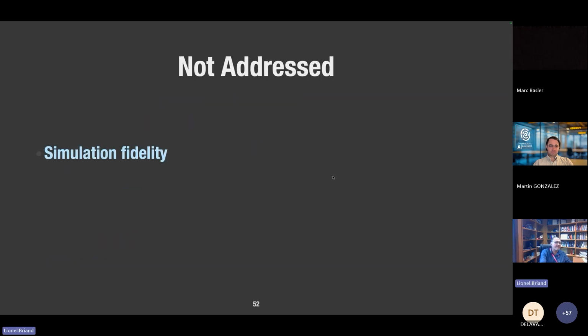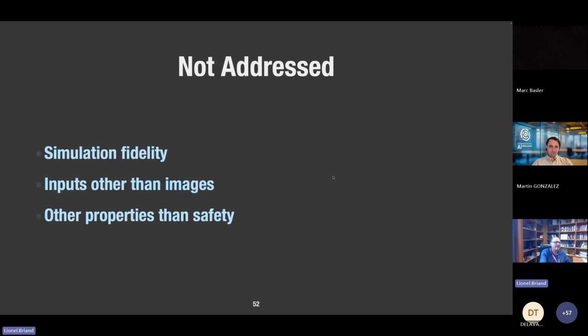Things I've not addressed are simulation fidelity, inputs other than images, properties other than safety, and generative models, which of course is what everybody has in mind these days.